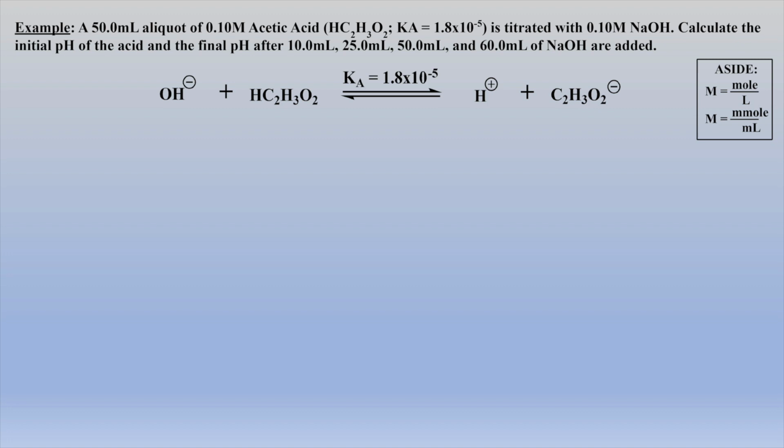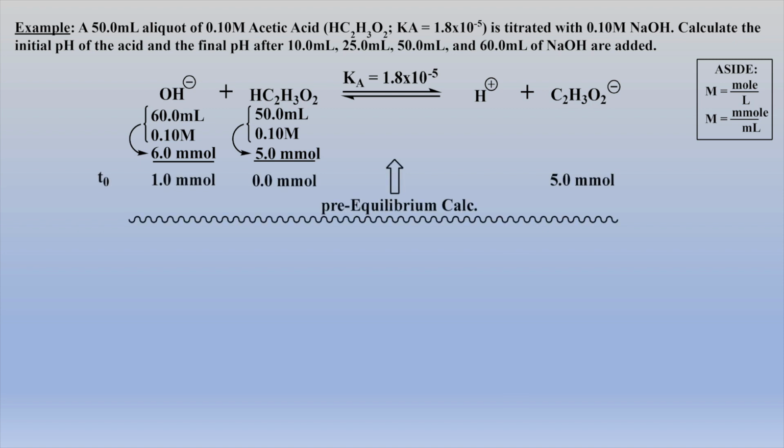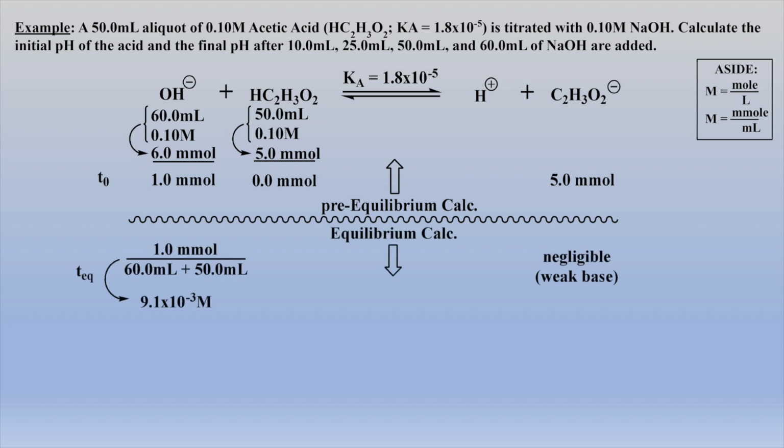In the next calculation, 60 milliliters of strong base is added, which means after calculating millimoles present, we have excess hydroxide ions in solution that can be converted to a molarity utilizing the total volume. The 5 millimoles of acetate will produce some hydroxide ions.